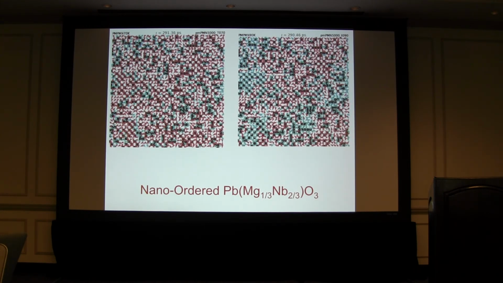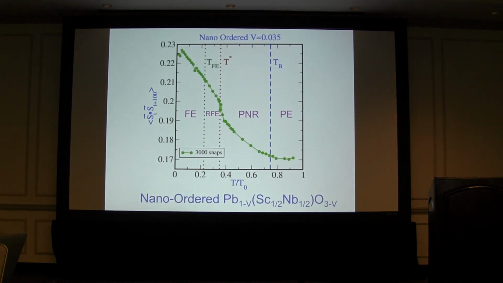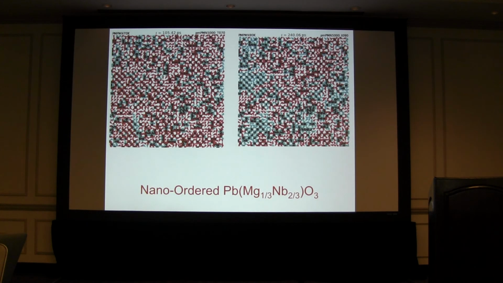But at sufficiently high temperature in the PNR region, their orientations change more quickly, and they are not as frozen in as below T star. Thank you.